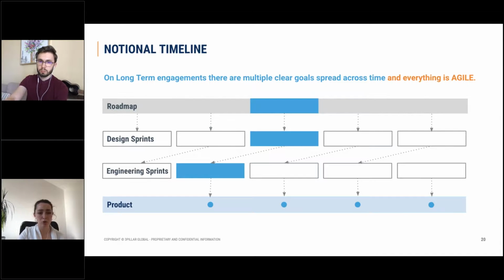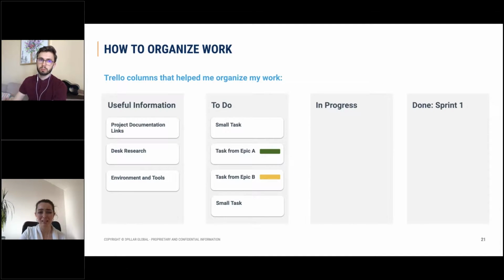I also want to show you how we organize the design work that worked best for us. This also worked best for the distributed teams that I obviously am a part of, being here. It's very similar to a Kanban board. We have a to-do column, which is the backlog.